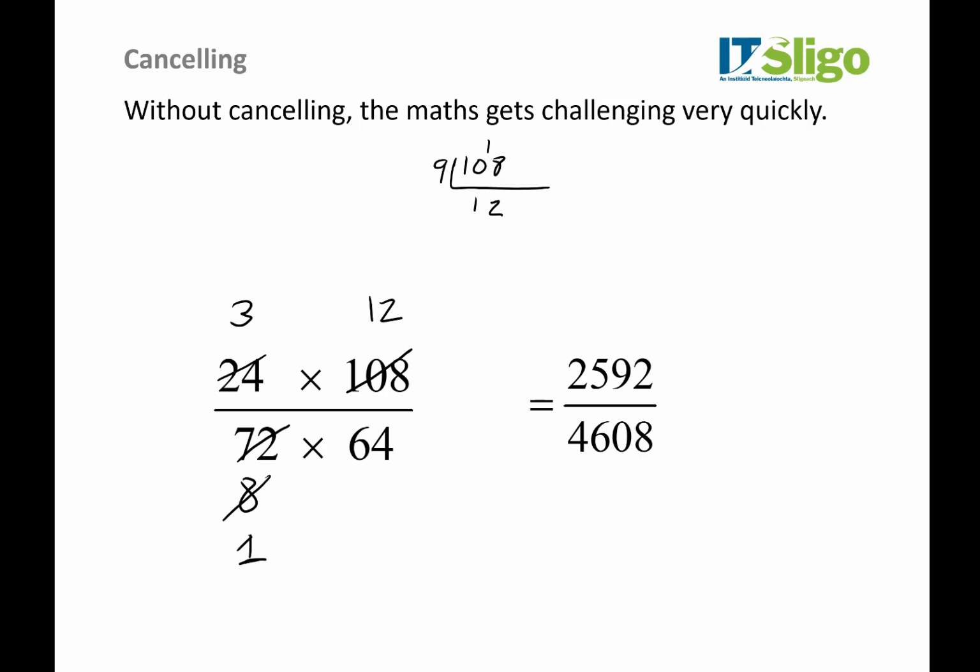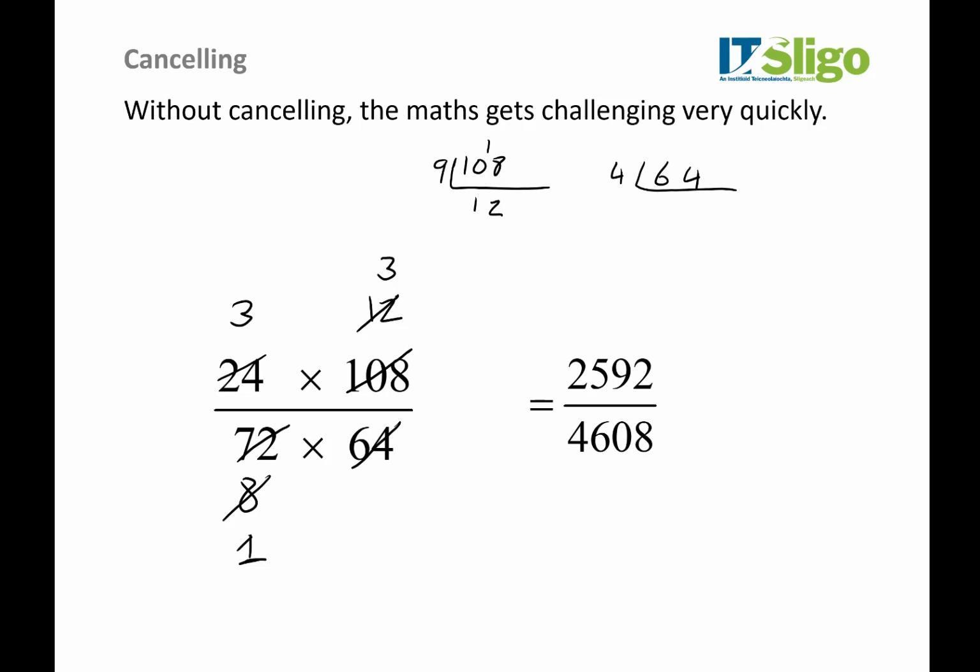Now here, I'm looking, will 3 go into this number? It won't because it adds to 10. But I can see 4 will go into this number and 4 will go into the number up here. So 4 will go in here 3 times and 4 will go in here 16 times.